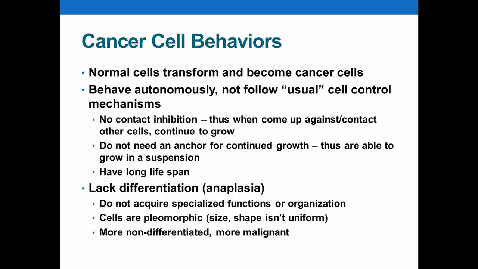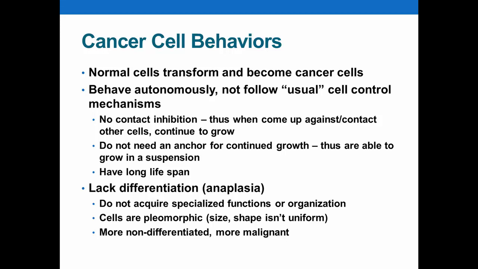of cancer cells. First off, cancer cells have become that way. These are normal cells that have transformed and become cancerous. These cancer cells behave autonomously, and as a result, they don't follow the usual cell control mechanisms. So what are some of those things that are very important that are different?